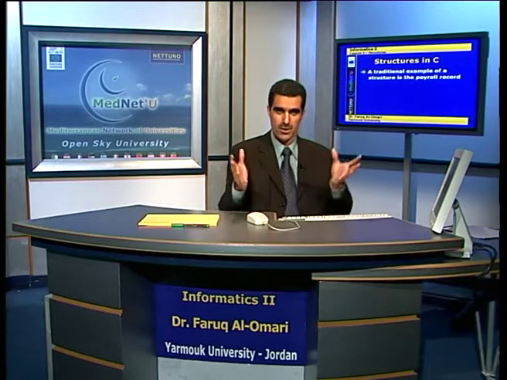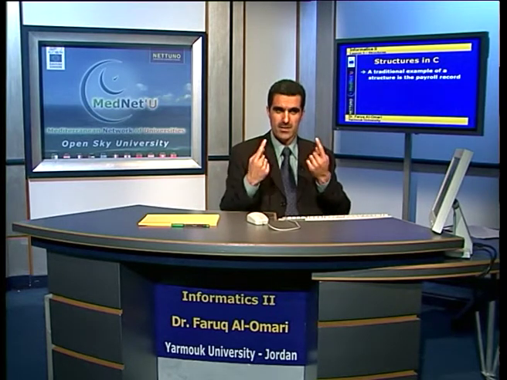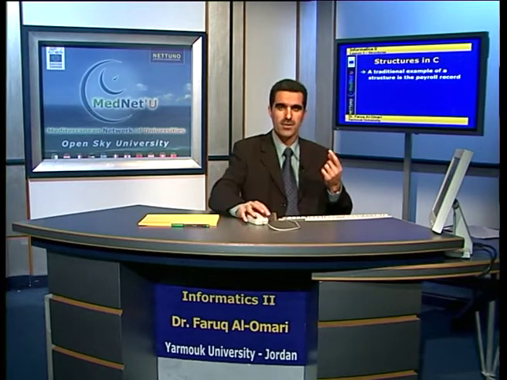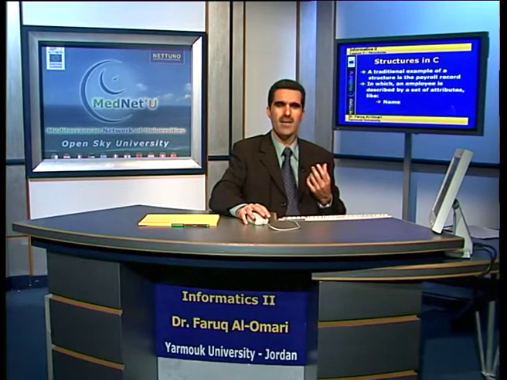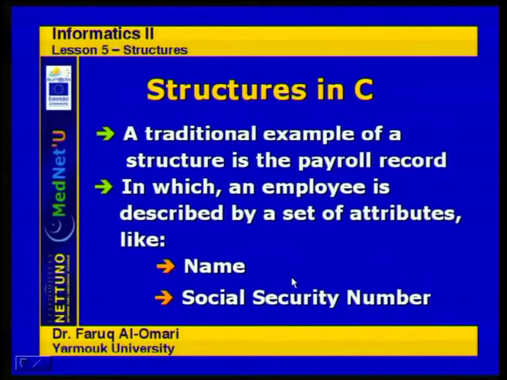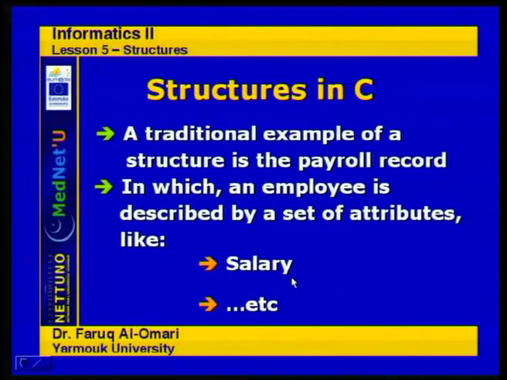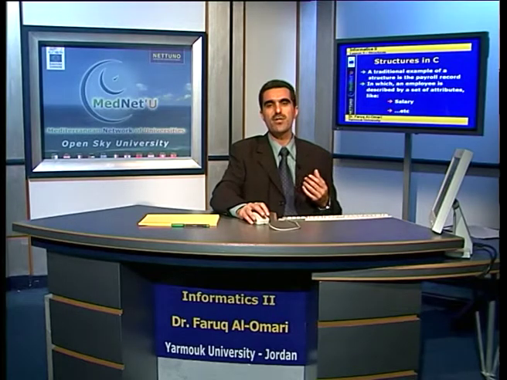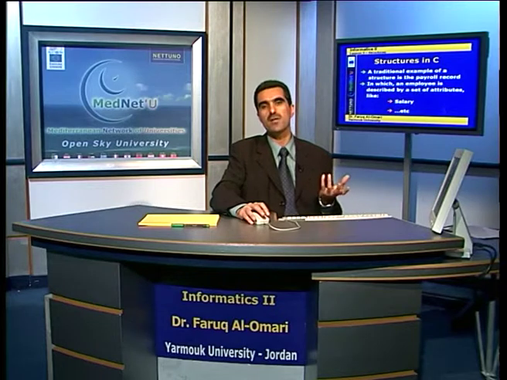This whole information is, in a sense, one logical unit. So I would imagine seeing on my check stub my name, my social security number or ID, my salary, maybe my rank, maybe some other data like that. It's all basic information about me as an employee in this company.